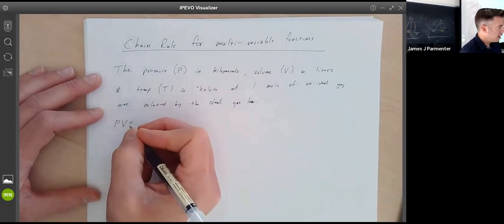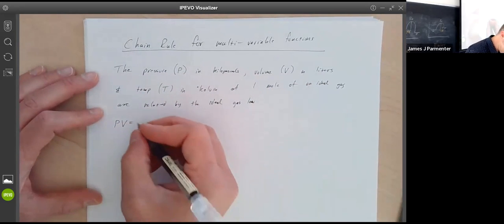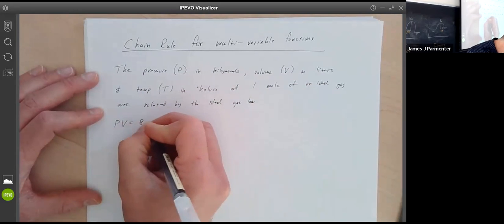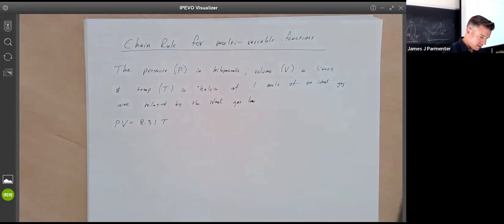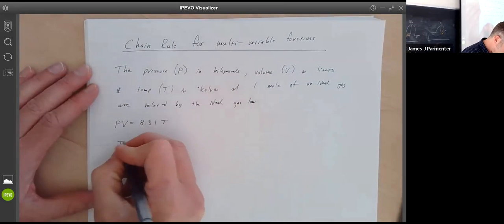PV equals nRT, but in this case, the n times R is approximately 8.31. So there's our ideal gas law. Let's go with the following.